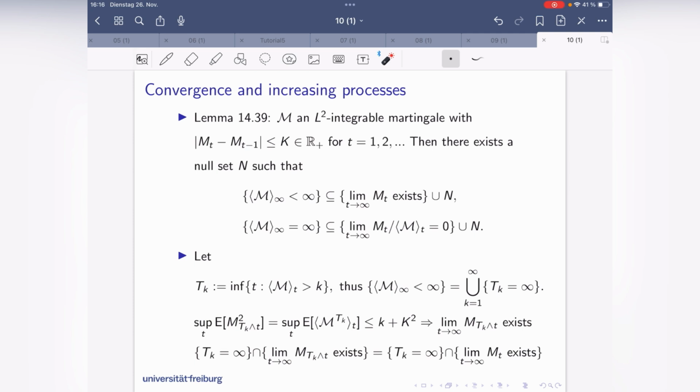That means T_k is infinity, and M at the minimum of T_k and t exists for some k large enough. That's the same as T_k equals infinity, and this limit here exists. So you can forget about the stopping thing here. So that's for the first thing here, and for the second, I ask you to look at the manuscript.